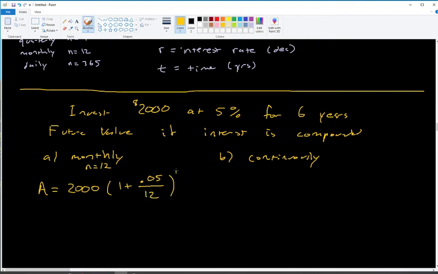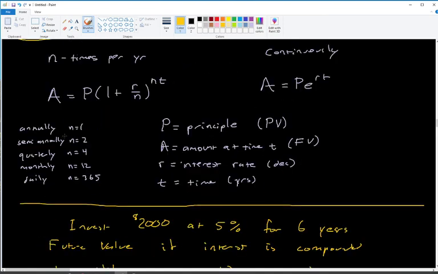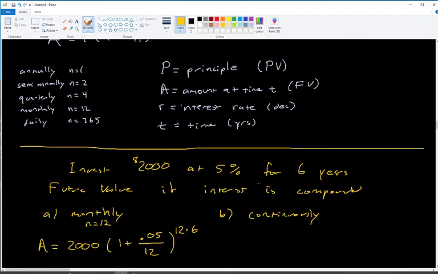All that to the N times the time, in this case 6. So whenever you guys have a compounding like monthly, daily, any way that's not continuously, you use this first equation here. So 2,000 plugged in for the P, 0.05 for our 5% interest plugged in for R. N was 12 since we compounded monthly, and T was the 6 years that we had it out for.